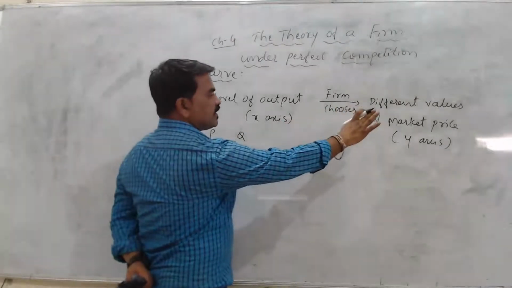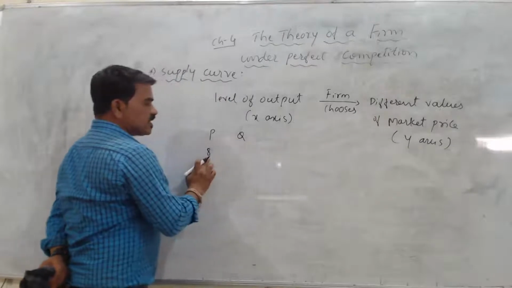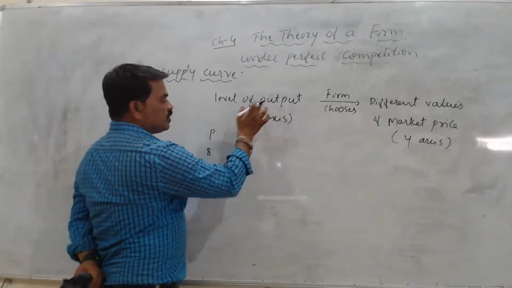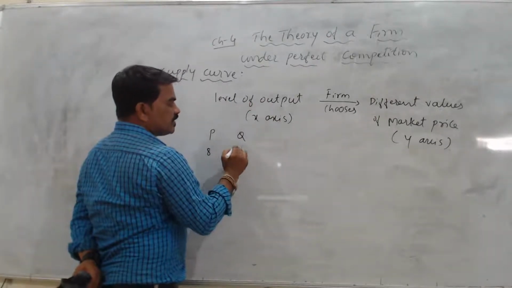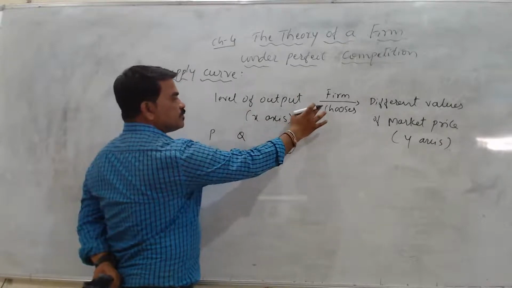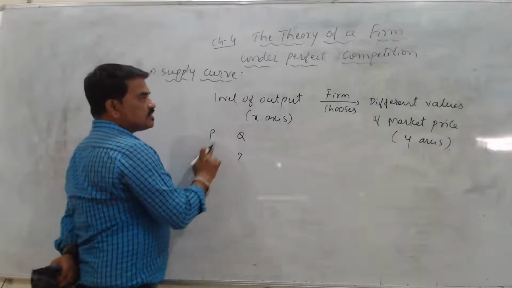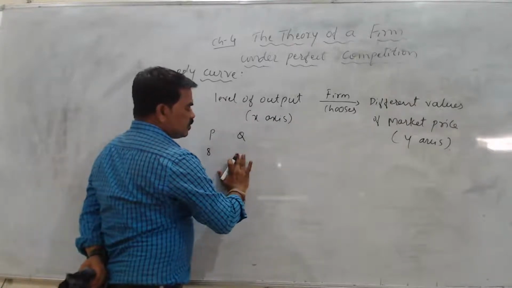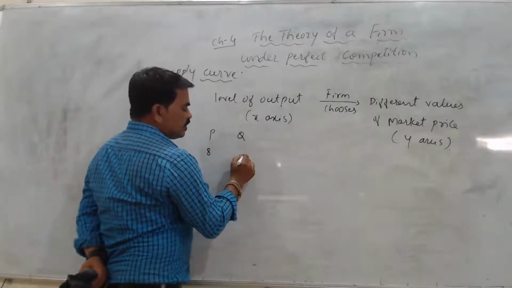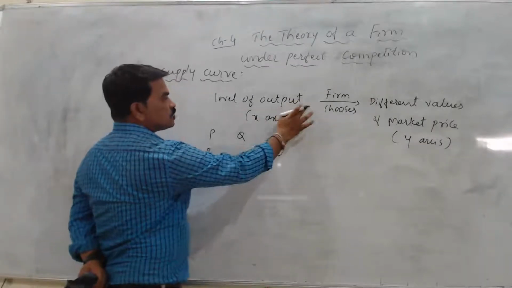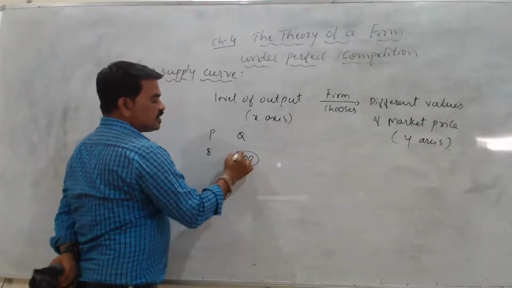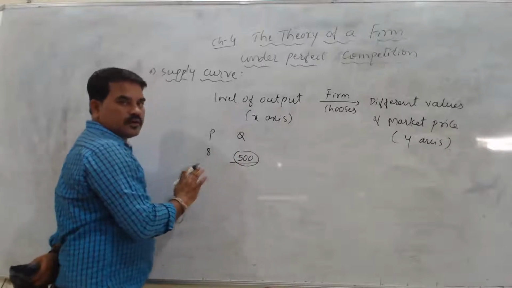At this market price, what is the quantity a firm chooses to produce? This we call the supply curve.